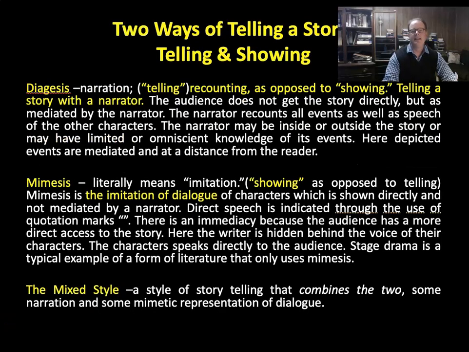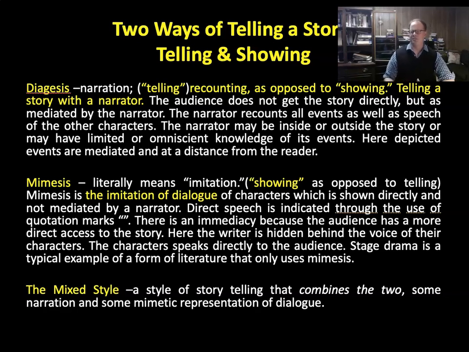Okay, next, two fancy Greek words. They're used actually in Plato's Republic to talk about ways of telling a story. And actually Plato's Republic is the first text in Western literature that addresses literary criticism.